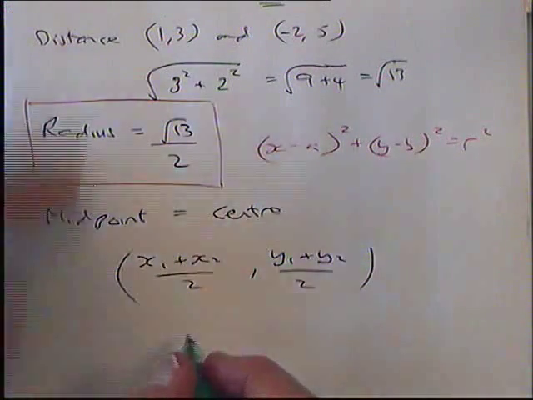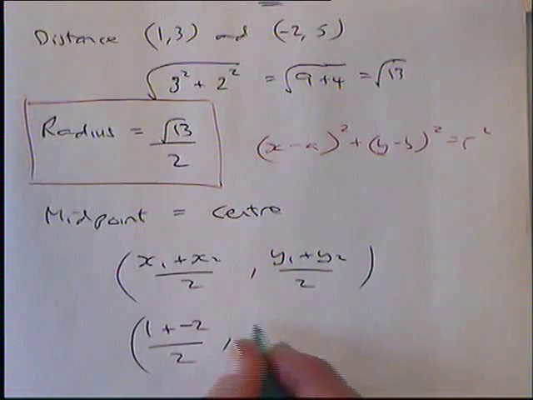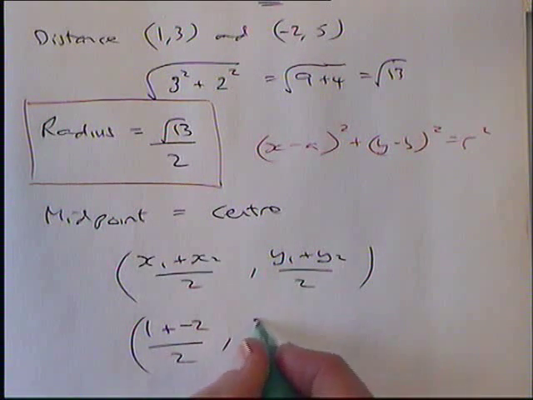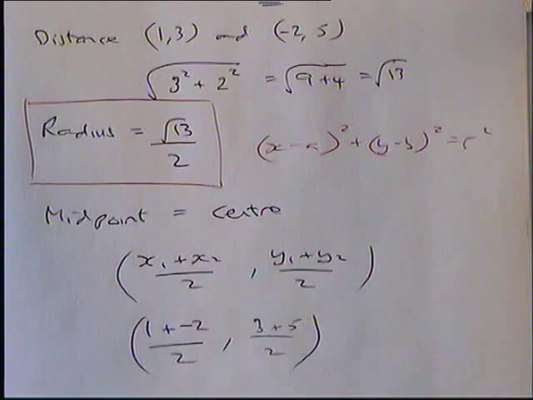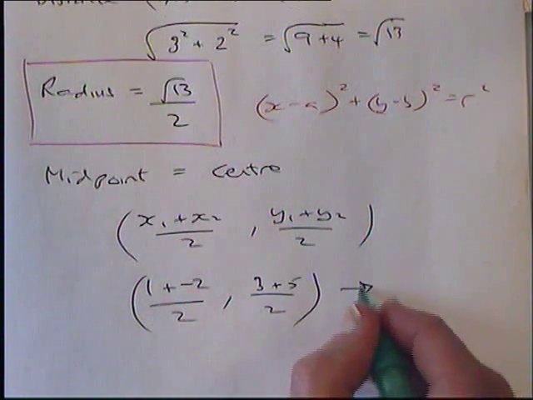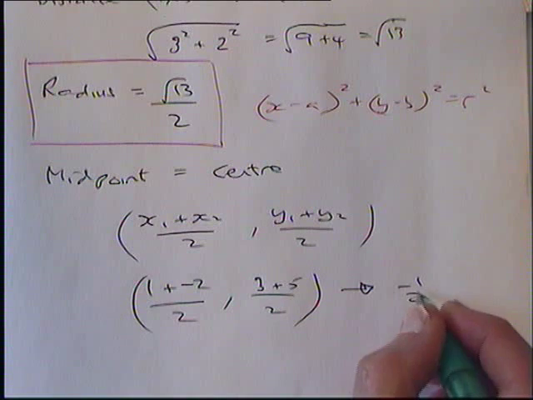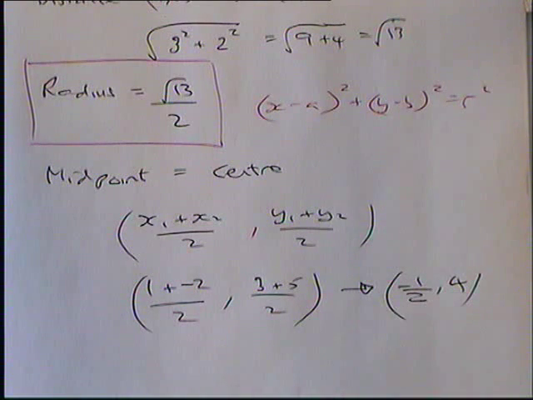So my x values are 1 and minus 2. My y values are 3 and 5. So what will that give me? Minus a half, 4. So that's the centre of my circle.